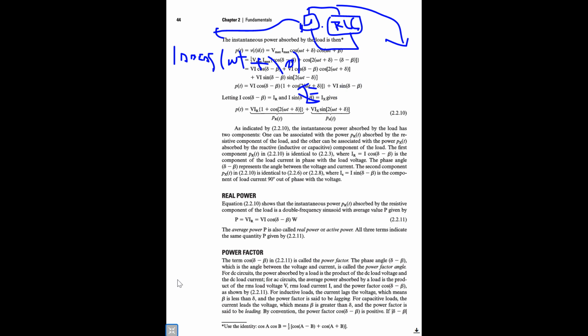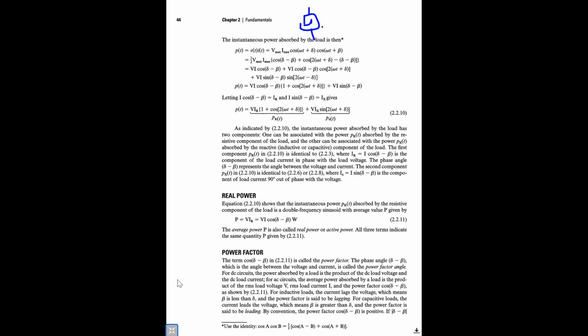Okay, let's see. We define another term called the power factor. Let's see here. We define cosine of delta minus beta. Delta minus beta is called the power factor angle. For each network, we can write the power factor.